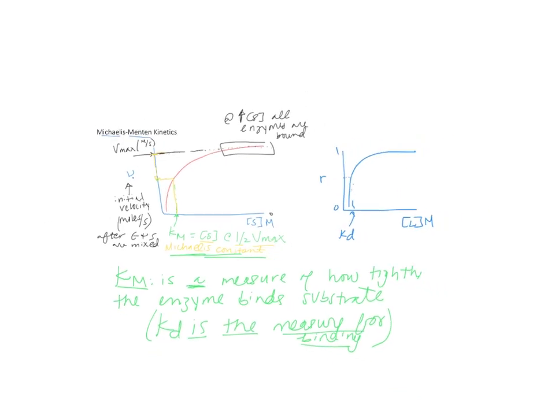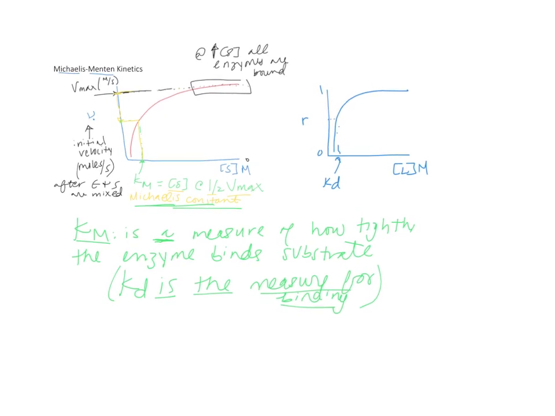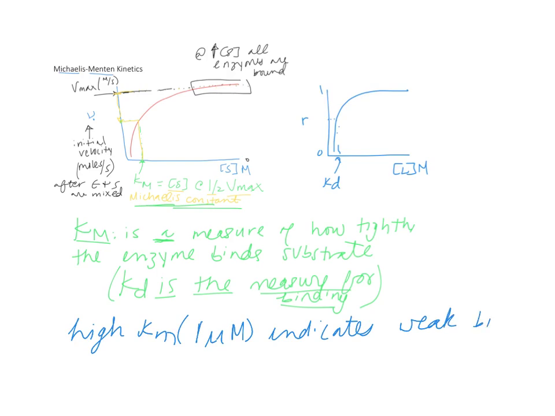And just like with Kd, we have certain values that indicate weak binding versus strong binding. So a high Km, such as, I don't know, 1 micromolar, indicates weak binding.